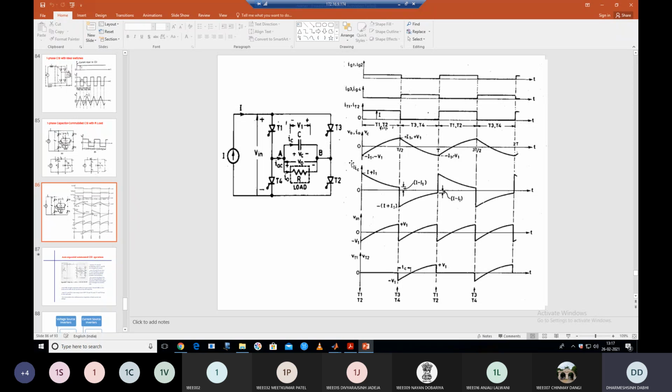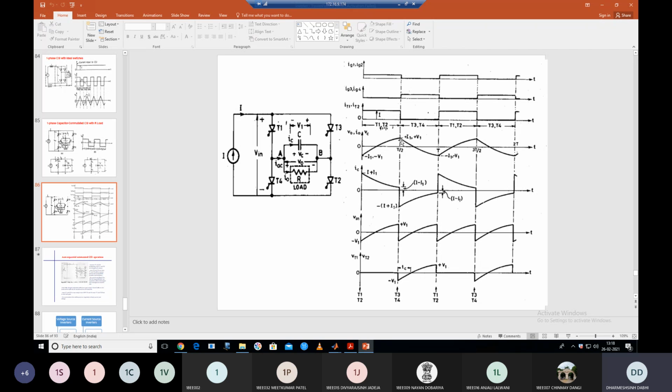First the capacitor is discharged from minus V1 to 0 and then charged from 0 to V1, because current is flowing in this direction. Some part of the current flows into the resistance, that is I0, and some part flows through the capacitor, that is IC. This I0, as you can see in the waveform, is increasing from minus I1 to 0 and then from 0 to I1.